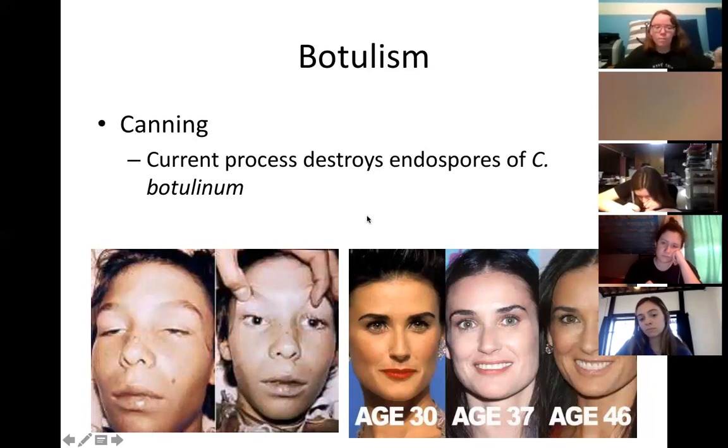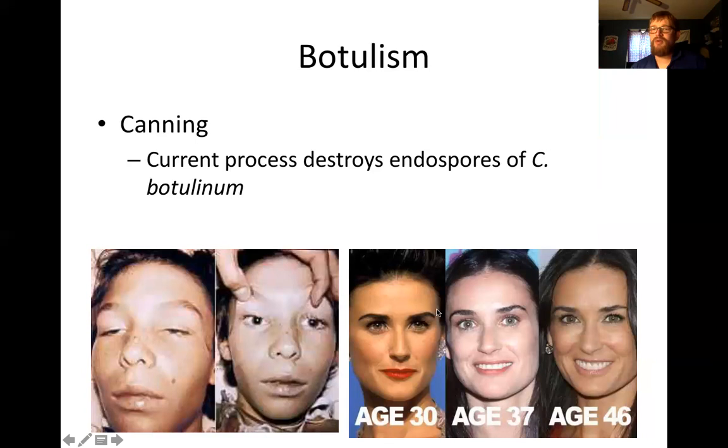And I just used, not that I want to pick on her, this is Demi Moore at age 30, and this is Demi Moore at age 46. I can guarantee you my progression will not be as good.